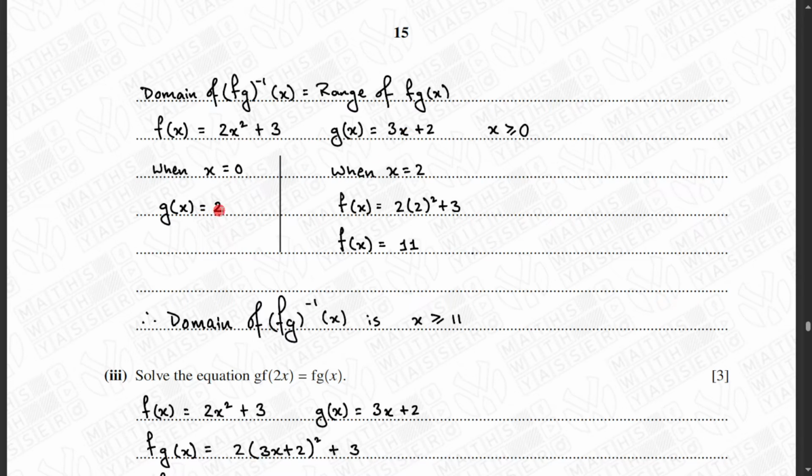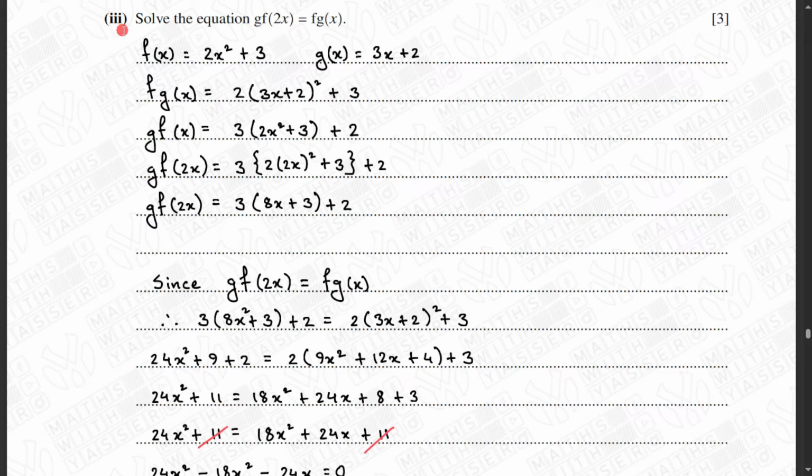And this is the output of the function g. So this will become the input for f of x. So when x is equal to 2, f of x is 2 within brackets 2 square plus 3. So f of x will be 11. And this is the output of the function f of x, which is also the range of the composite function fg of x. So that means the domain of fg inverse of x is x greater than or equal to 11.